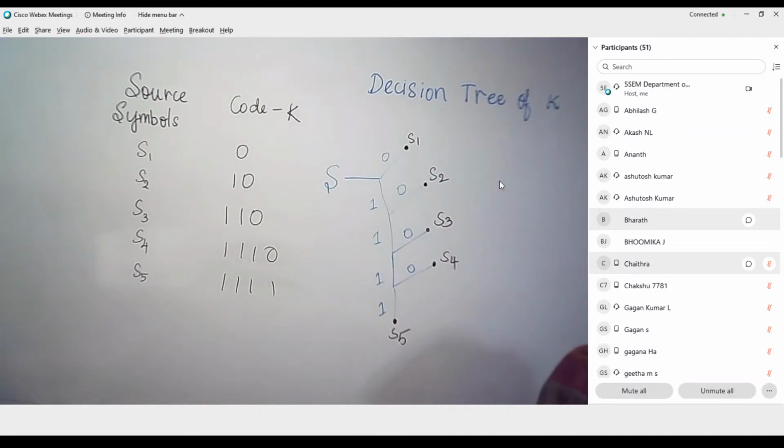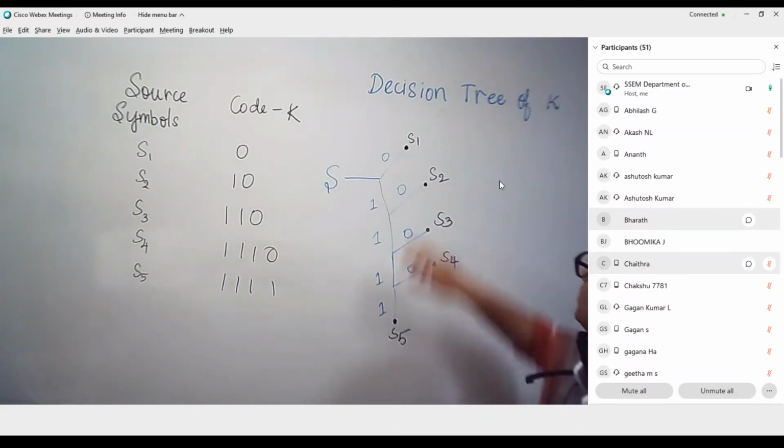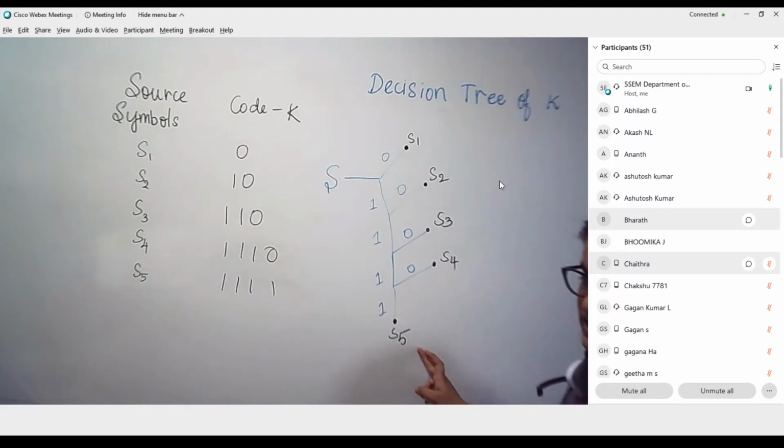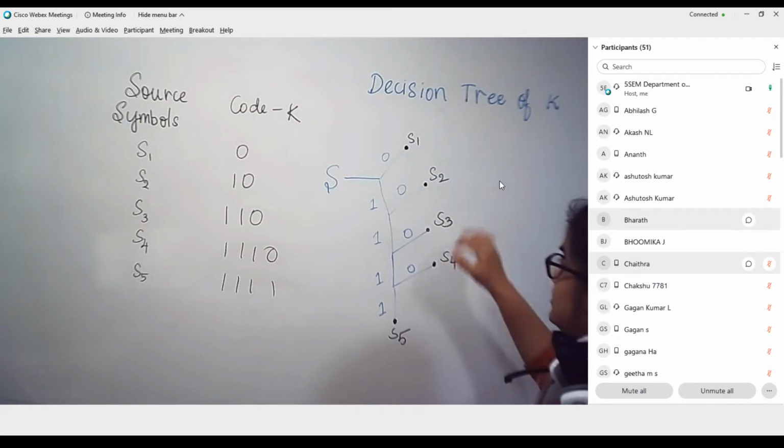So if you keenly observe the decision tree, all the symbols are again present at the end of branch, and the decision tree is also very elegant. S1, S2, S3, S4, S5 are all present at the tip of the branch of the decision tree.